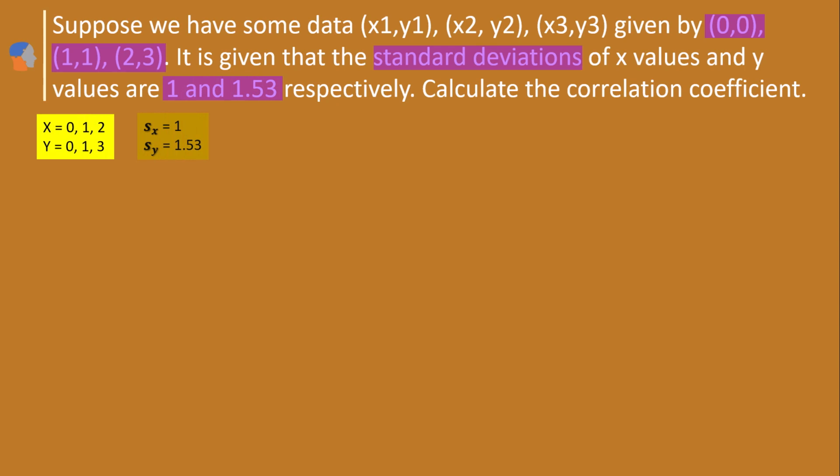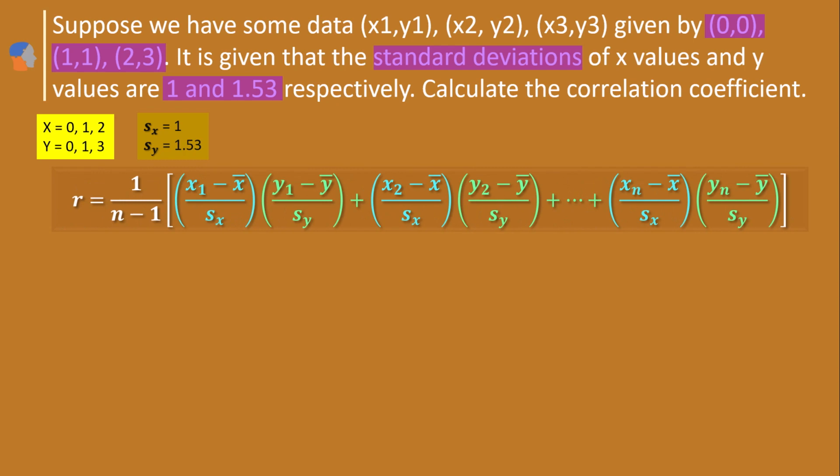Then, standard deviations are also given. Now, go to the formula. r equals this. And we know n. What is n? n equals 3. And x bar? Yes, we need to find x bar. It is 1. y bar? y bar is 4 over 3.